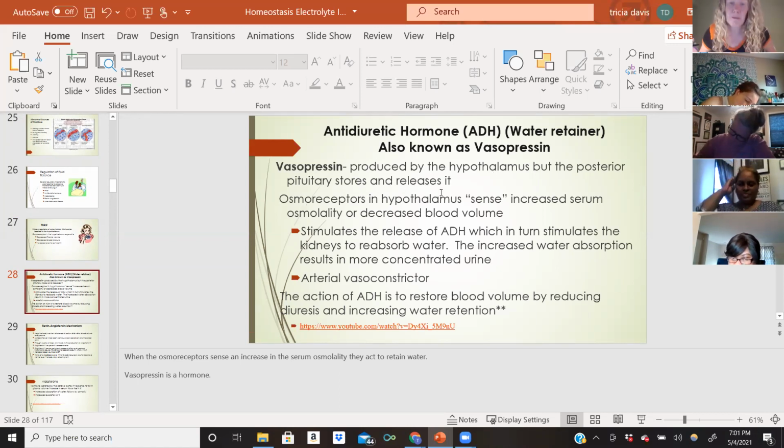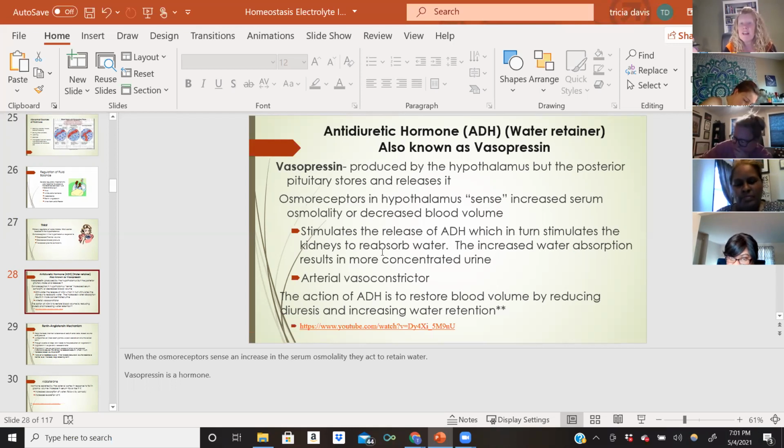So we have osmoreceptors in the hypothalamus that sense increased serum osmolality or decreased blood volume. When those osmoreceptors sense that, they stimulate the release of ADH, which in turn stimulates our kidneys to reabsorb water. So normally our kidneys filter out water, right?